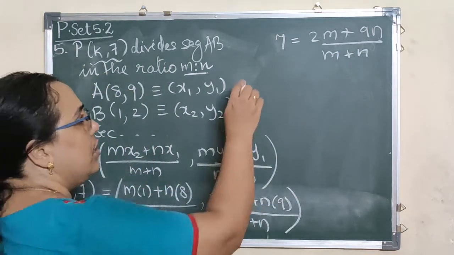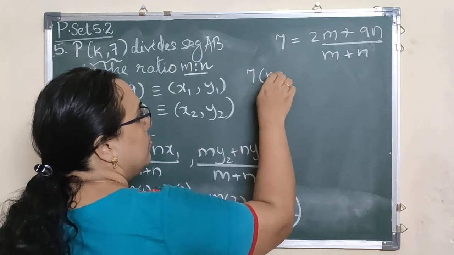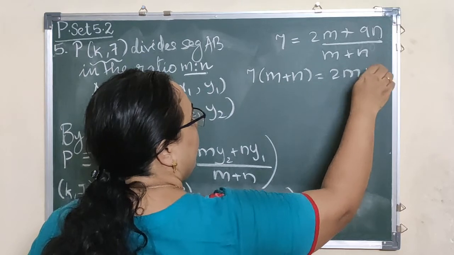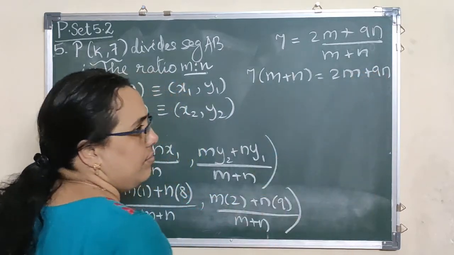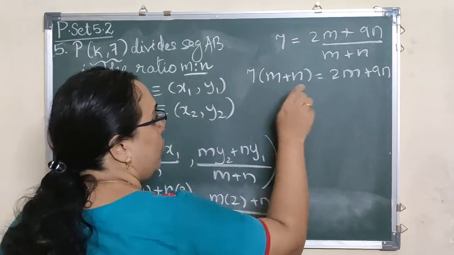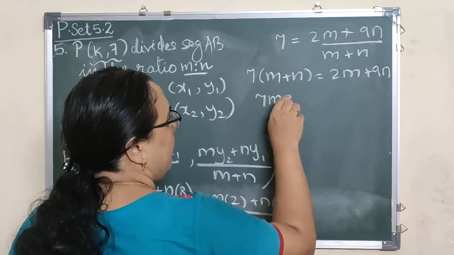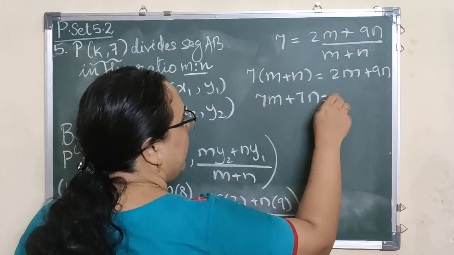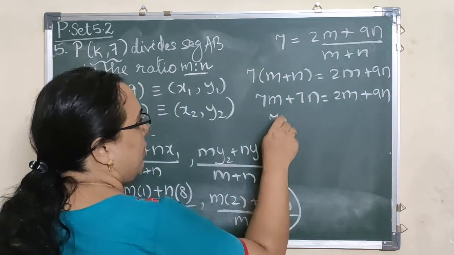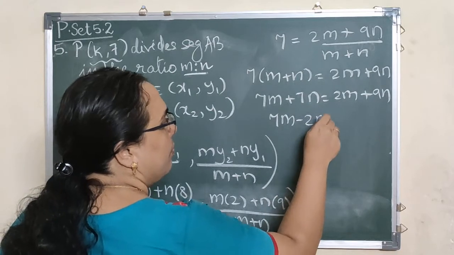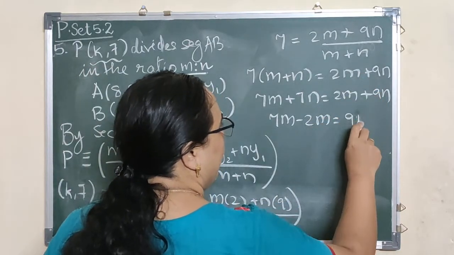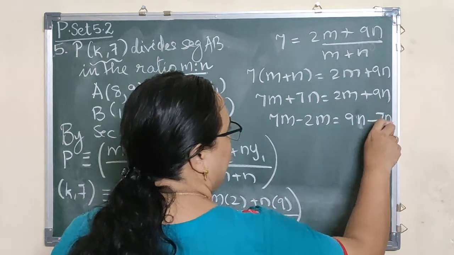Cross multiply. What do we get? 7 into (m plus n) equals 2m plus 9n. Bring m and n terms together. Before that, open this bracket: 7m plus 7n equals 2m plus 9n. 7m minus 2m equals 9n minus 7n.